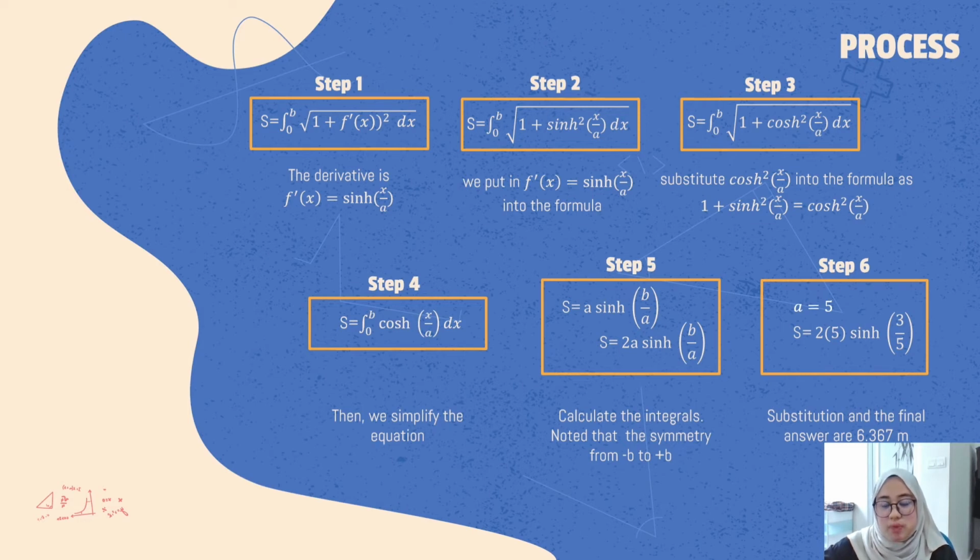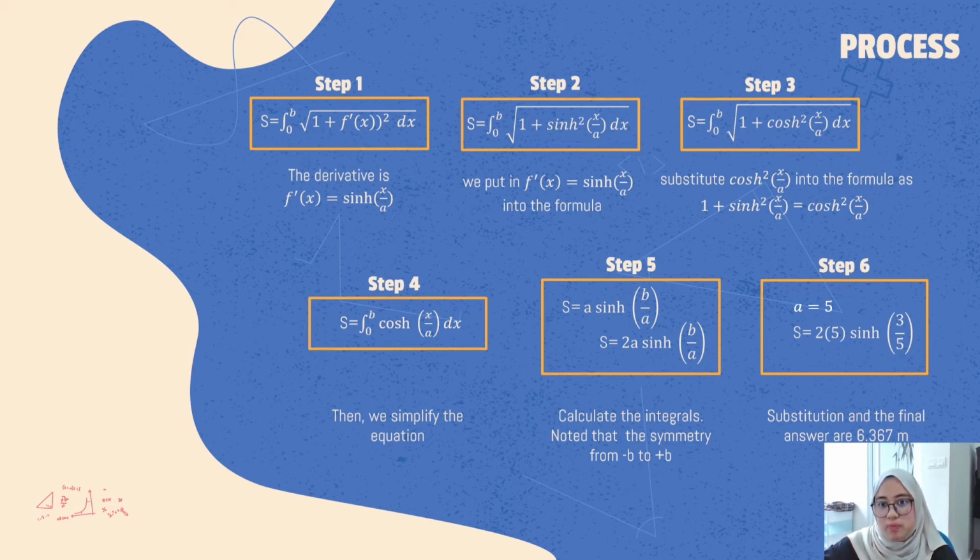So we will get the formula as equal to the integral from negative b to b of the square root of 1 plus sinh squared of x over a dx. Next, we are going to substitute cosh squared of x divided by a into the formula, as 1 plus sinh squared of x over a equals cosh squared of x over a.